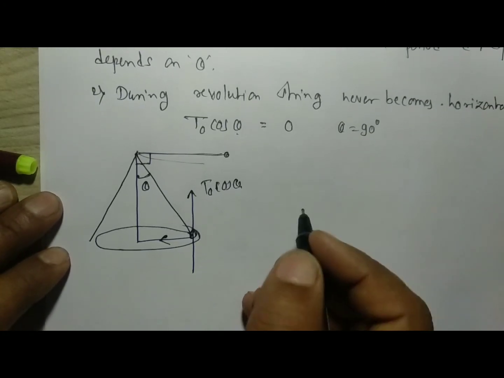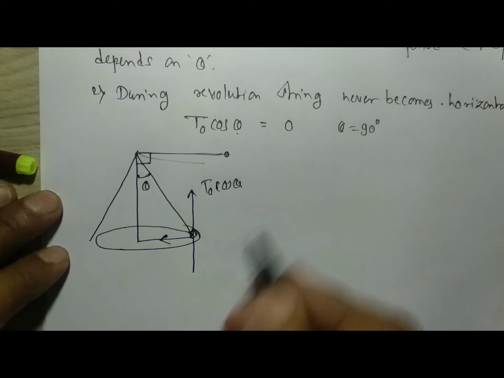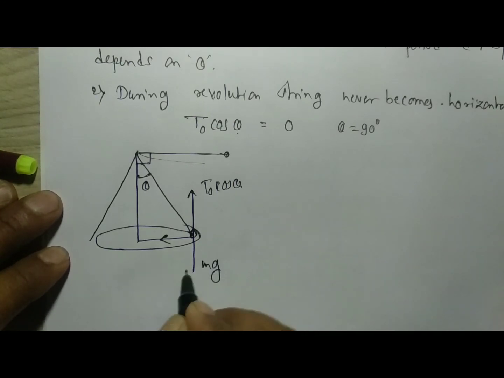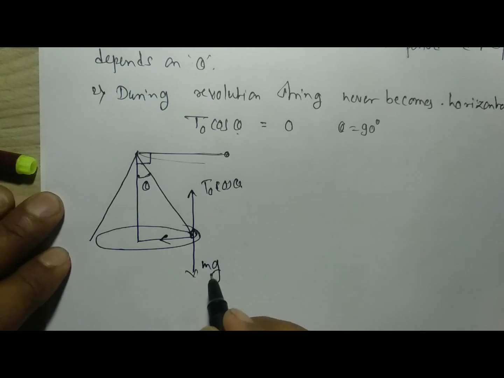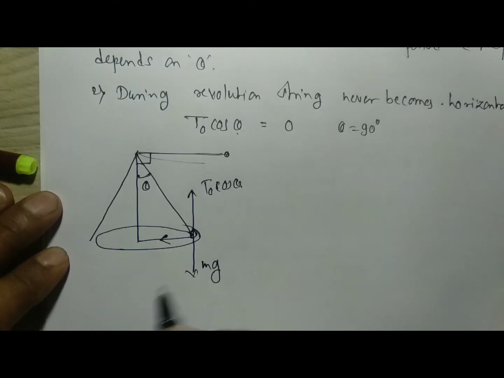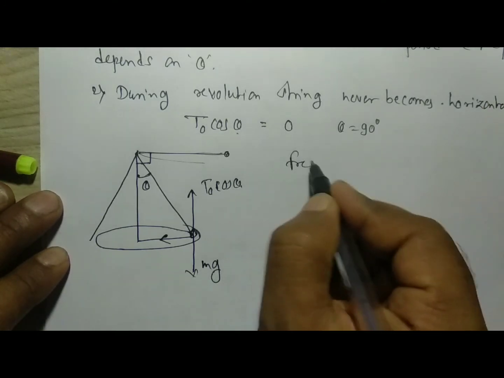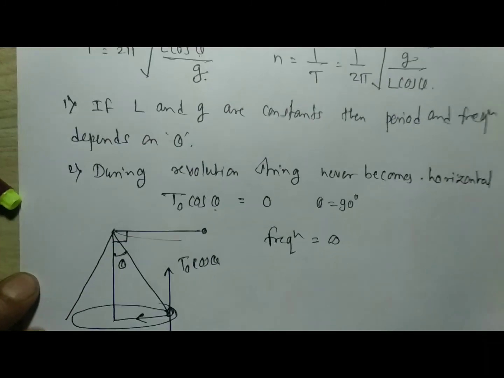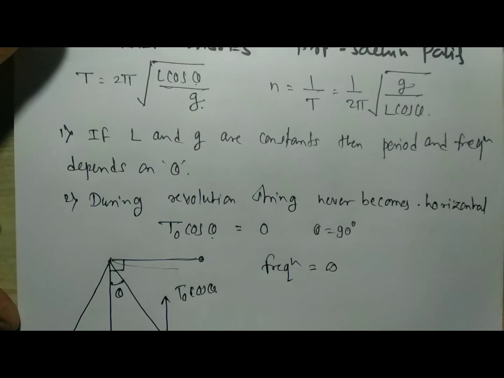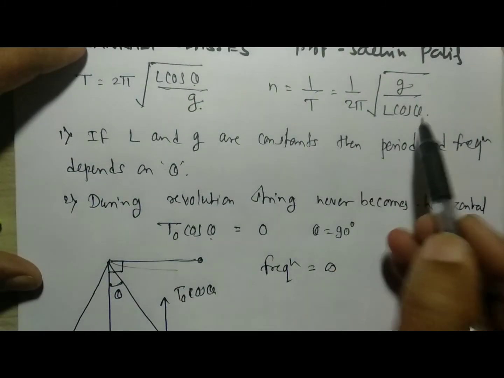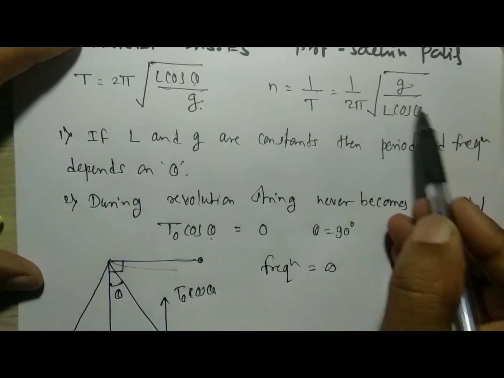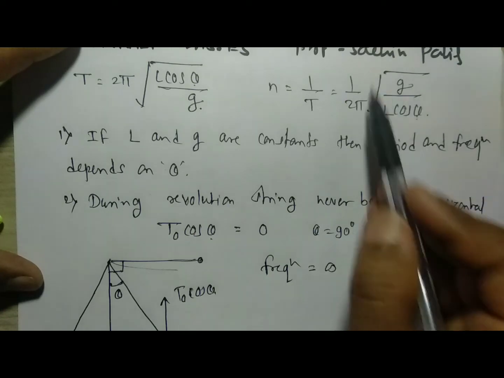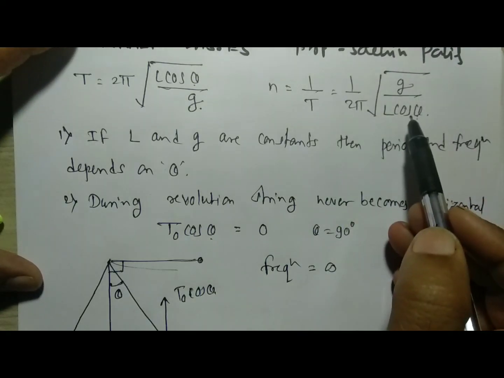And when this component becomes 0, mg is not balanced at that time, because mg is balanced by T0 cos θ. Frequency becomes infinity, because in the frequency equation, θ is 90 degrees, so cos θ is 0, the denominator becomes 0, and then the division becomes infinity.